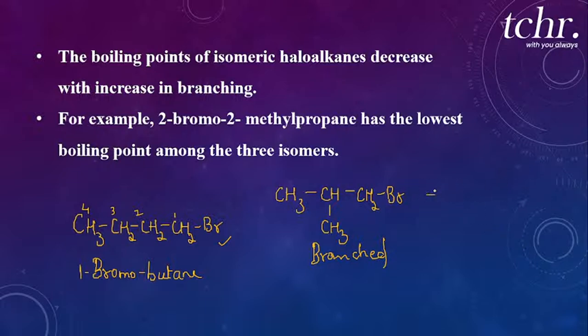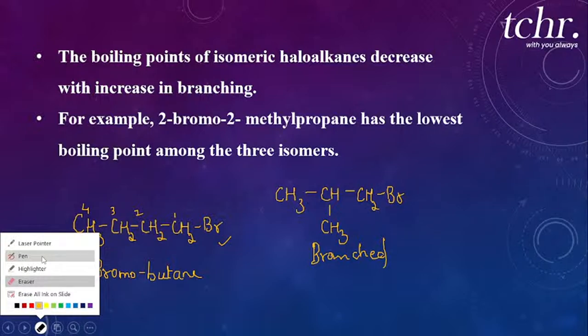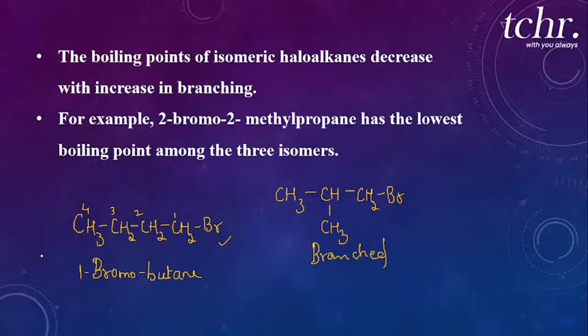For example, the same compound, what if I write it like this? In these two you can observe the example, one is a straight chain and the other one is a branched chain, right?